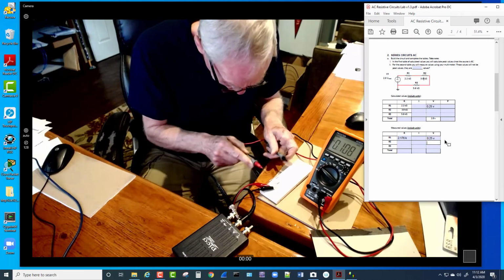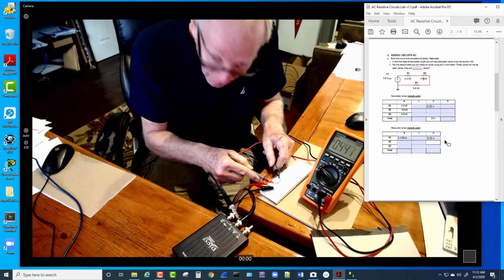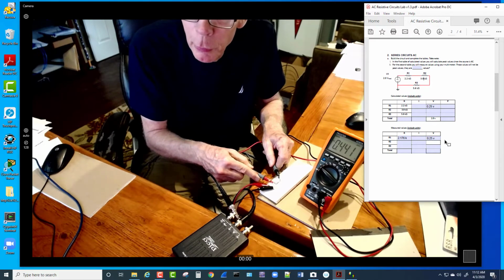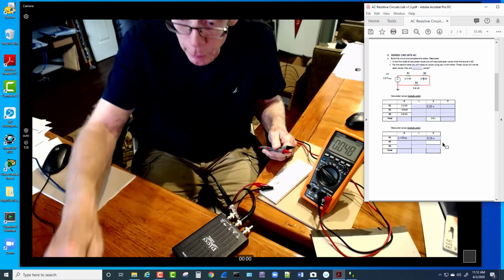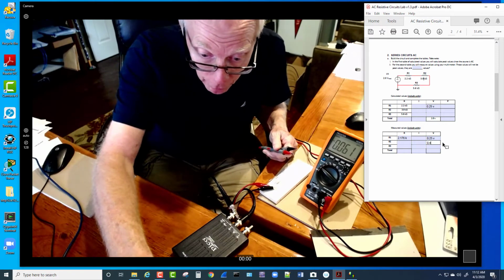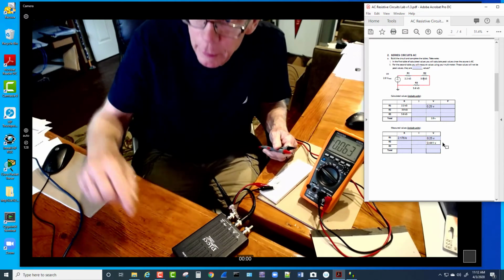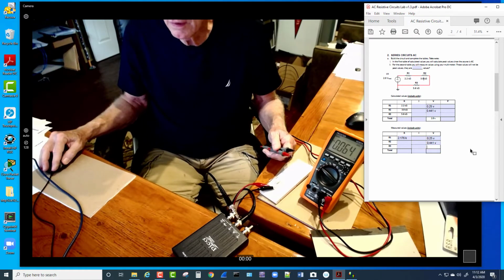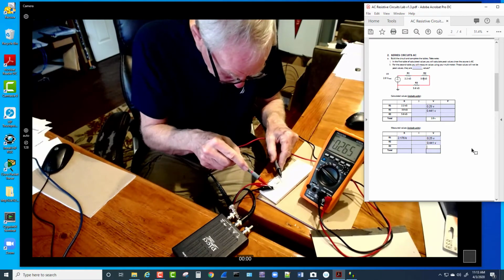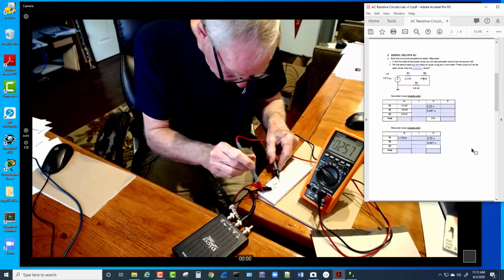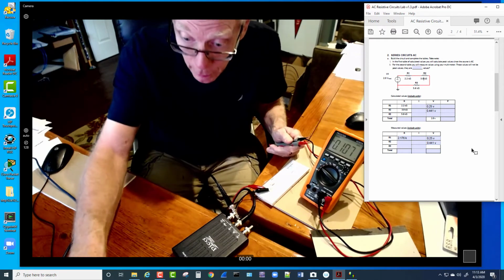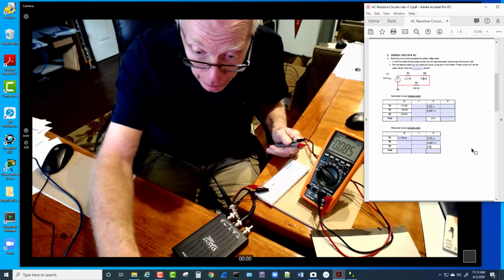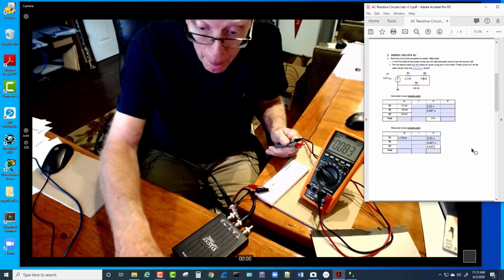Let's do the next resistor. It is 0.44. You don't need that third decimal point too much, so it's 0.441. You saw that there. And then I'll go to the next one at the bottom. And it is 0.637 volts.